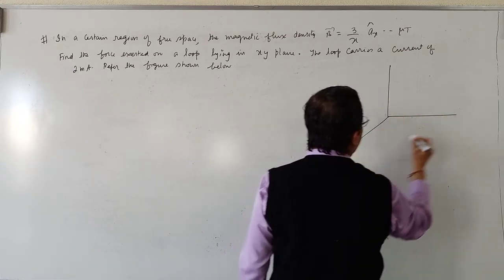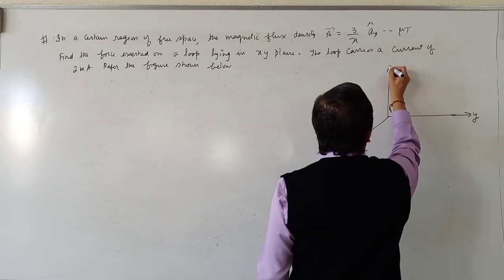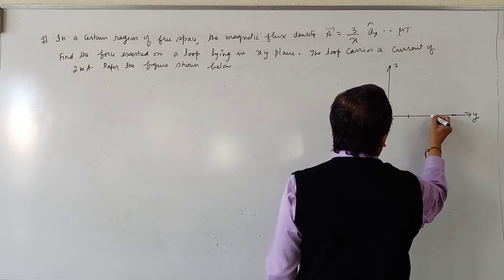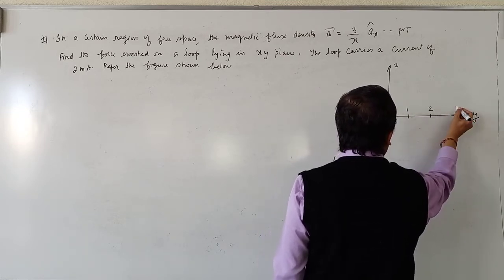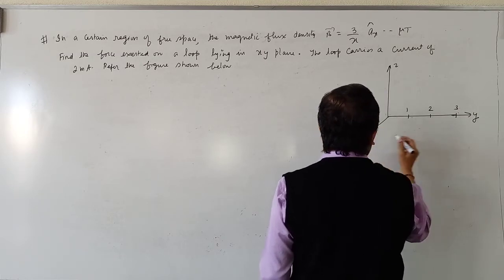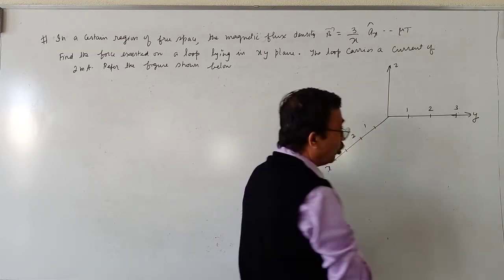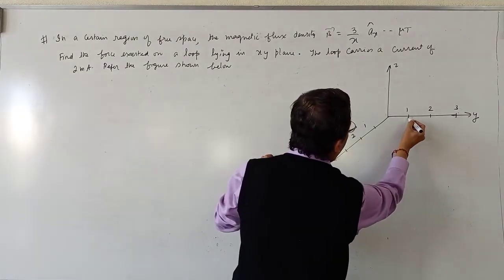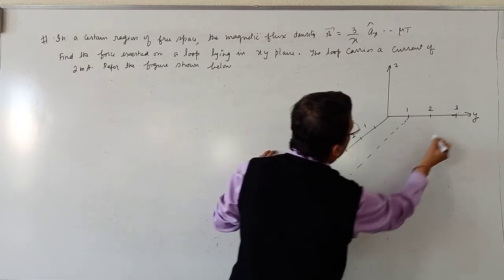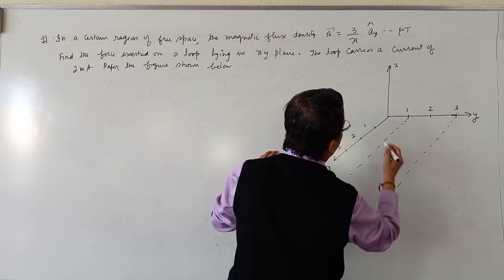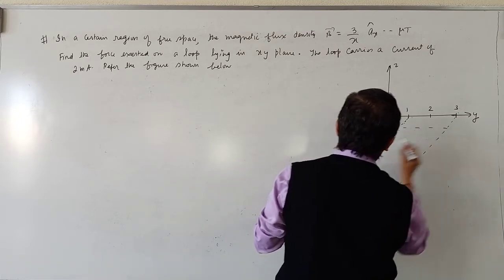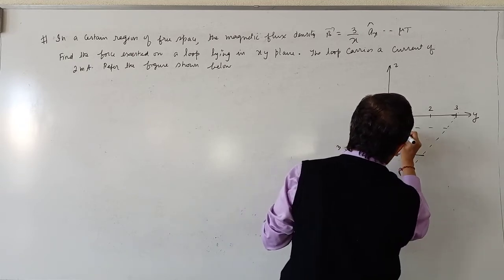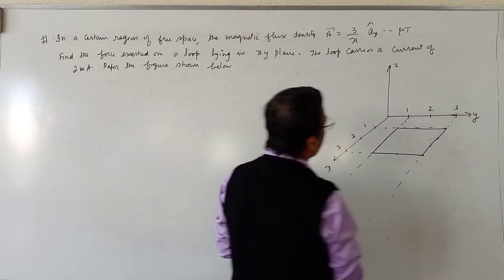This is the x-axis, this is the y-axis, this is the z-axis. x equals 1, x equals 2, x equals 3, y equals 1, y equals 2, y equals 3. The loop lies in which plane? The loop lies in the XY plane. This is the loop.